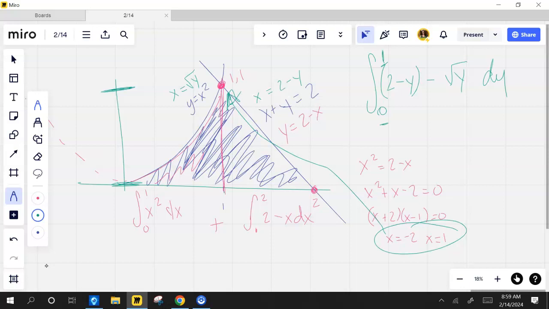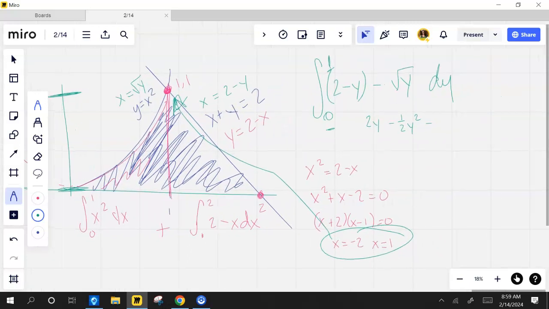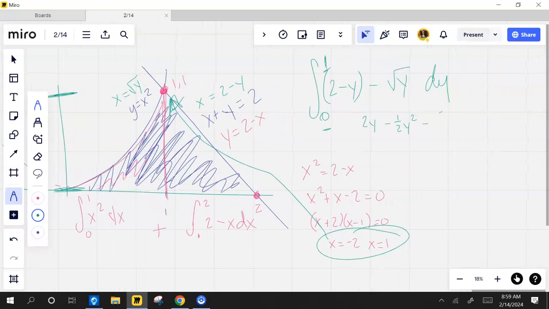Doesn't respect the y, so y. You don't need me to finish working it? The antiderivative will be 2y minus 1/2 y squared minus 1/2 plus 1 is 3/2, so 2/3 y to the 3/2.